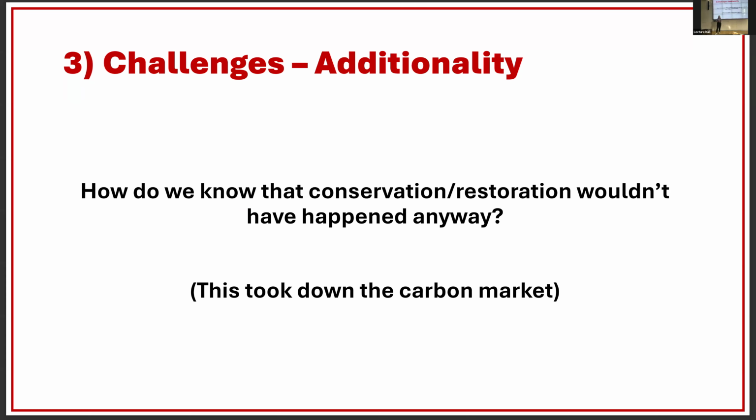It was a couple of big academic studies that showed that carbon credit companies were overestimating the carbon. And actually, in many cases, the forests that they were claiming to have protected wouldn't have been cut down anyway. And it's crucial that we get this right. Otherwise, why are we investing money? If your site was going to be protected anyway, what was the point?